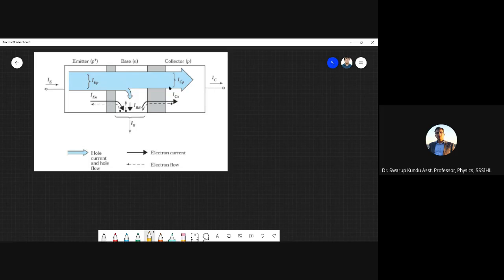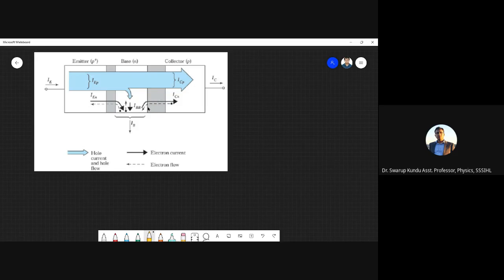So the holes can drift through this collector region easily. And again, there will be some current component because of the minority carrier electrons, because this junction is reverse biased. Some minority electrons will diffuse from collector to base region. So we'll have some current ICN.